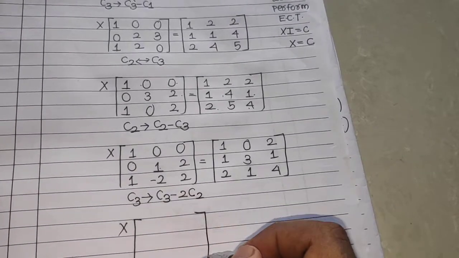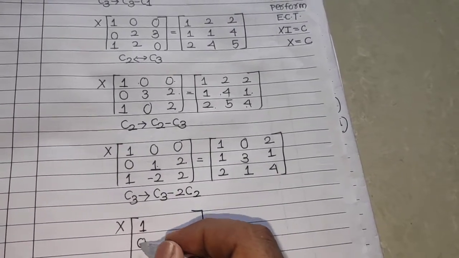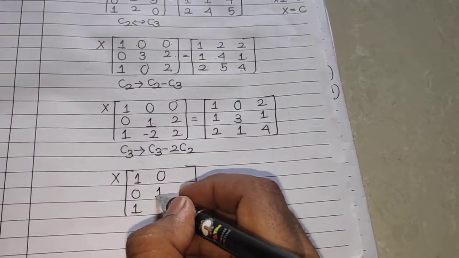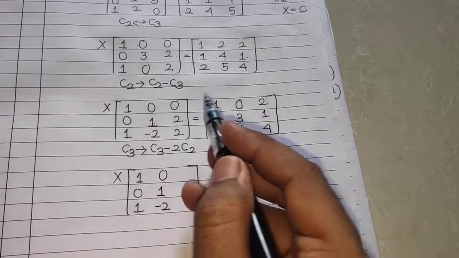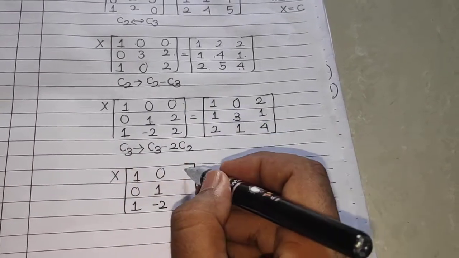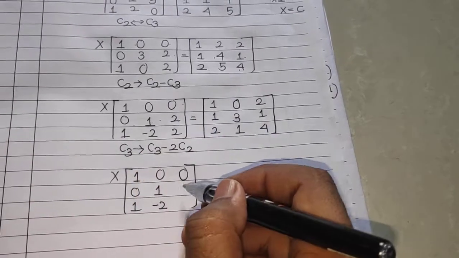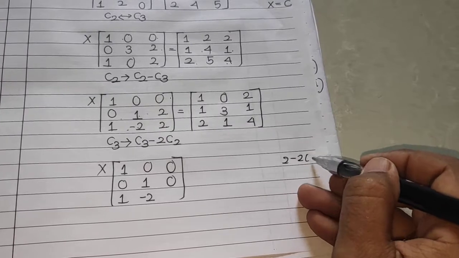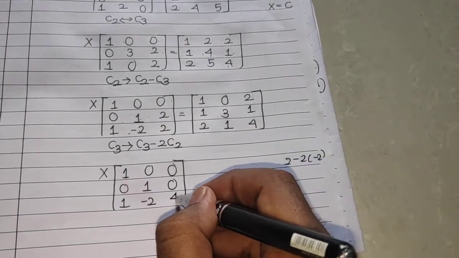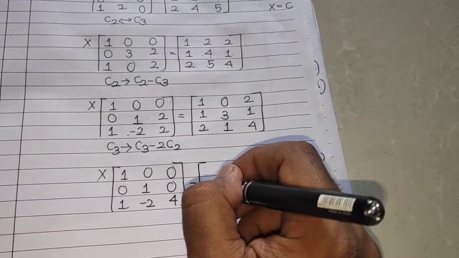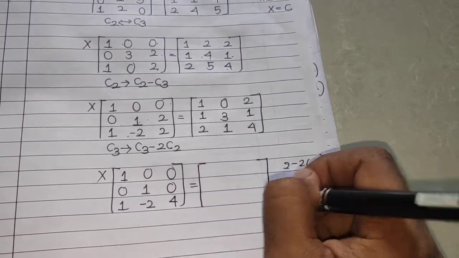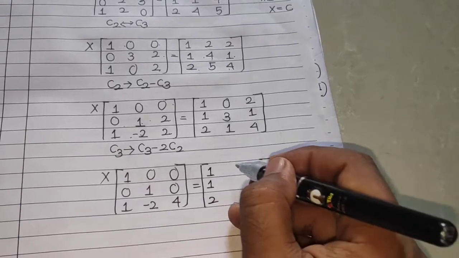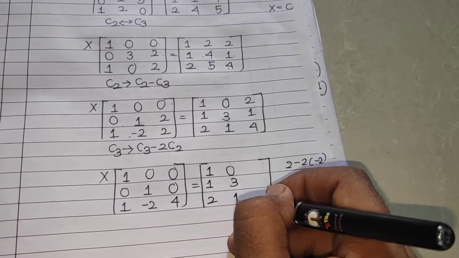This will turn as 1 0 1, 0 1 minus 2, 0 minus 0 will be 0, 2 minus 2 times of that will be 0, 2 minus minus of 2 will be 4. 1 1 2, 0 3 1.